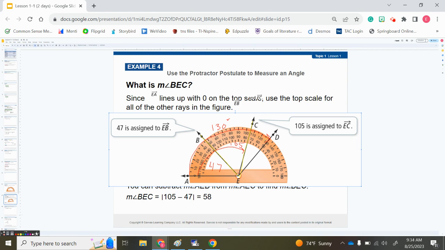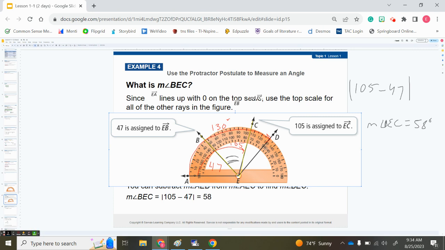So I'm going to take 105 minus 47 to get this angle right here. I'm going to take the absolute value because, again, it's a measure, so it has to be positive, okay? So the measure of angle BEC is going to equal 58 degrees, okay? So that's how that works.